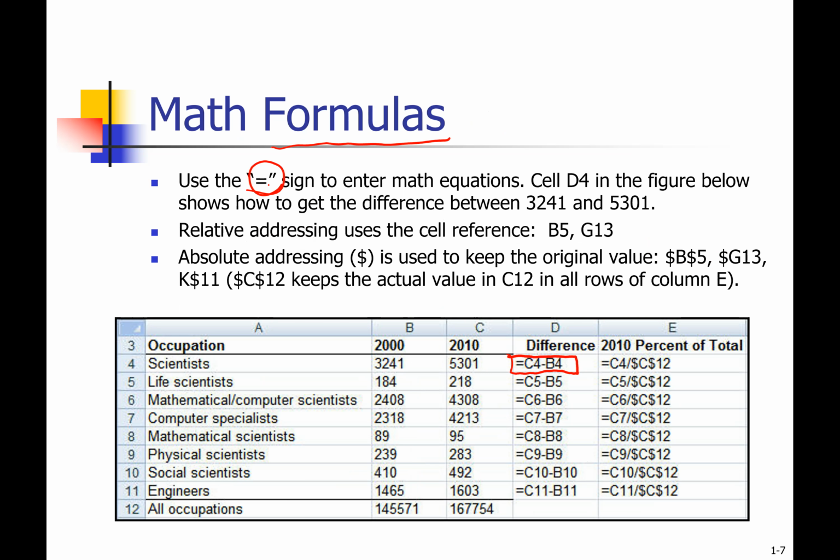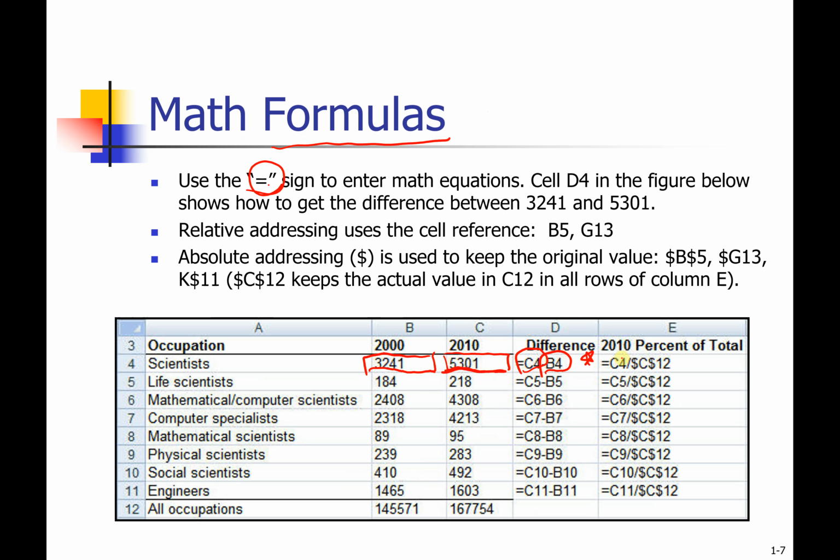You start it with an equal sign, and then you can enter a number, or what I like to do is use cell references. C4 is this box right here, and B4, notice it's column C and the fourth row, B4 is this right here. Subtracting 5301 minus 3241.